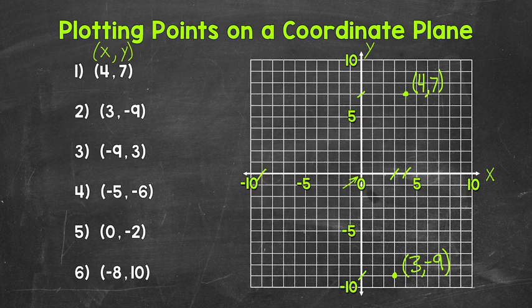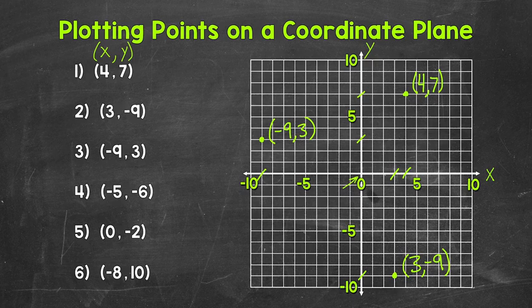And then 3, we need to go up 3. 3 is right here on the y-axis. So over to -9 and then up 3. This point is right here. So -9, 3.